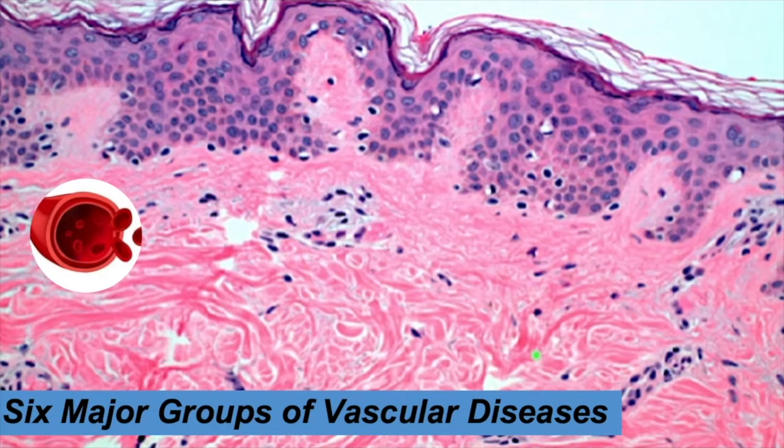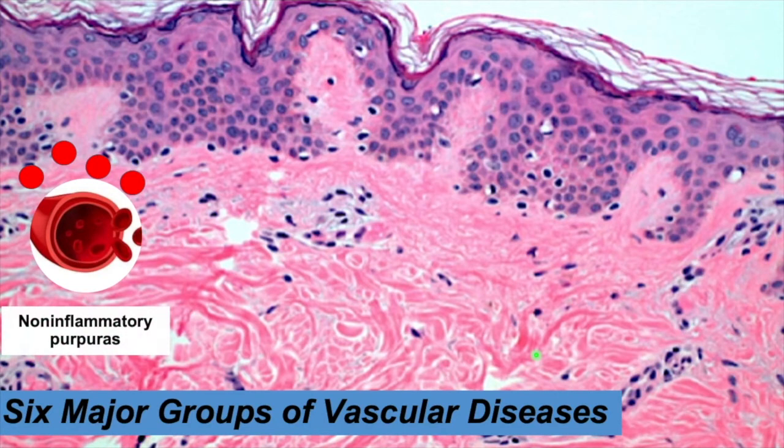The first pattern is when you see extravasated erythrocytes without any effect on the vessels, and you see this pattern as non-inflammatory purpuras, and we'll talk about it a little bit more. But in these lesions, you will see only extravasated RBCs. The reason being is those vessels become leaky with age, so it is an age-related pattern.